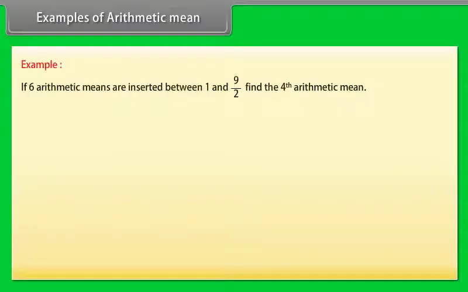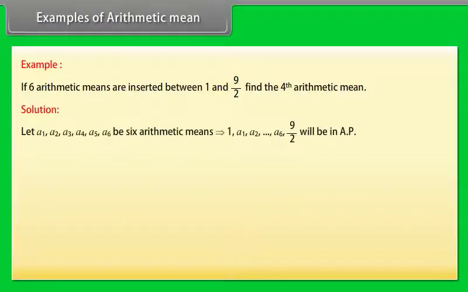Example of arithmetic mean. If 6 arithmetic means are inserted between 1 and 9 by 2, find the 4th arithmetic mean. Solution: let A1, A2, A3, A4, A5, A6 be 6 arithmetic means. It implies 1, A1, A2 up to A6, 9 by 2 will be in arithmetic progression.